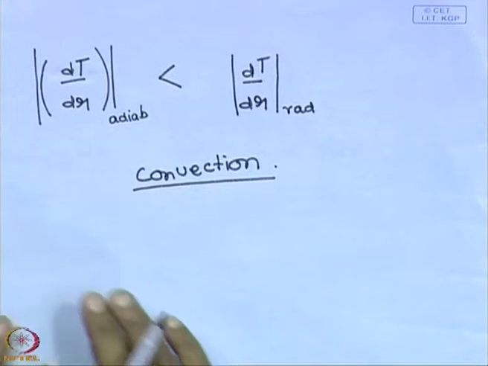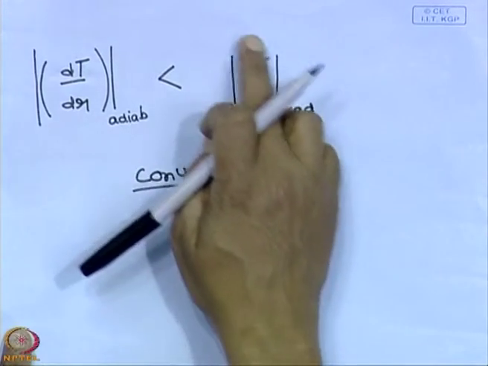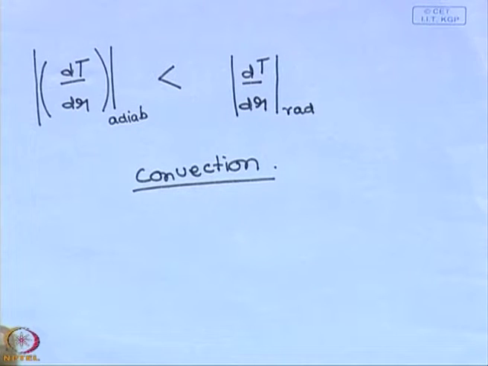Now, when you solve the structure of a star, you have to solve all of those 4 equations which I showed you just now. So, if the luminosity somewhere becomes sufficiently large that this condition is satisfied, you have convection. Okay. So, when you solve the equations for the structure of a star, it usually happens that the condition for convection is valid in certain parts of the star only. Okay.